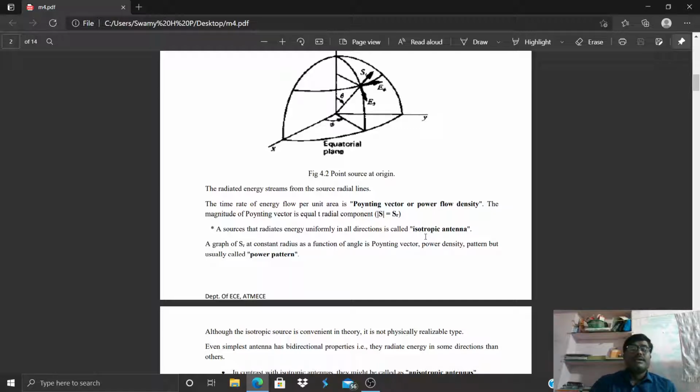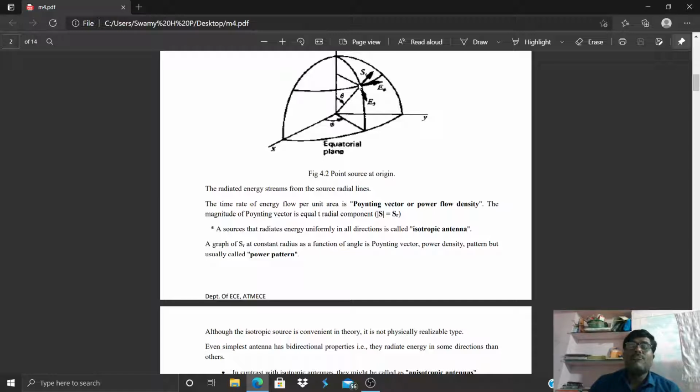Here, consider a graph of the Poynting vector S_r, or power density, at a constant distance from the point source, a constant radius. This is the radius from the point source to the point where you are going to measure the power density.